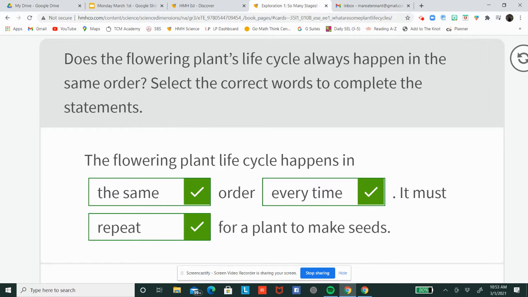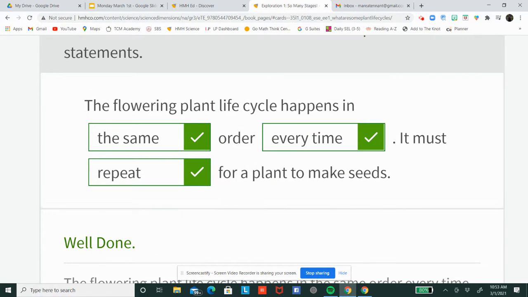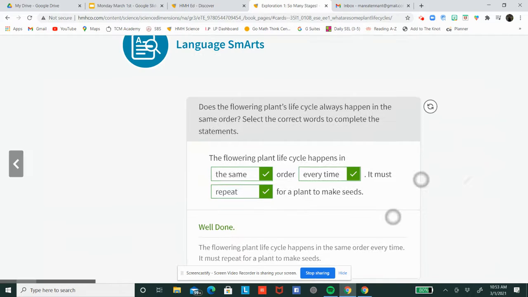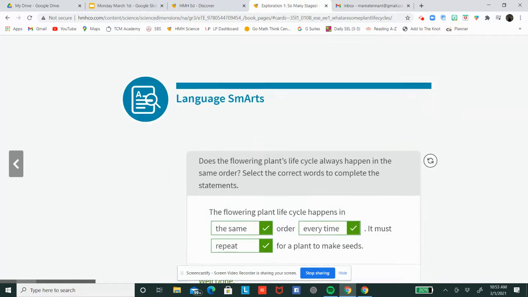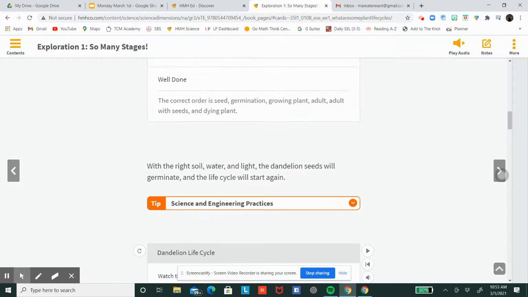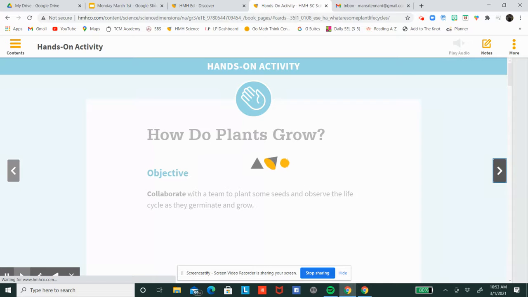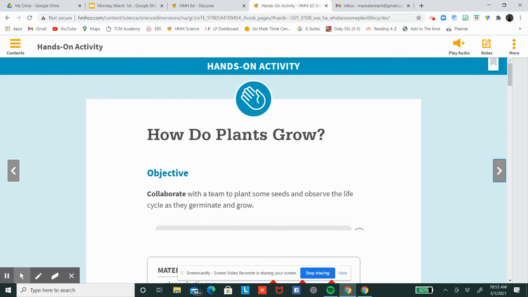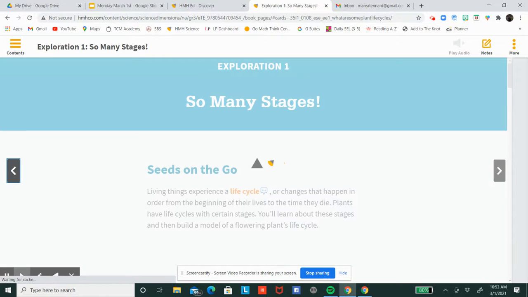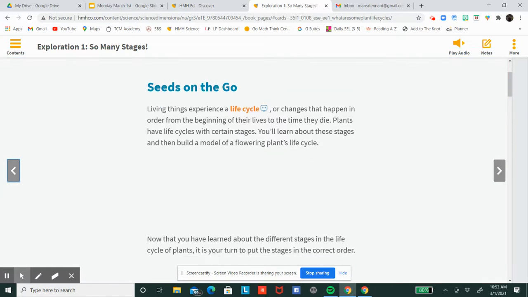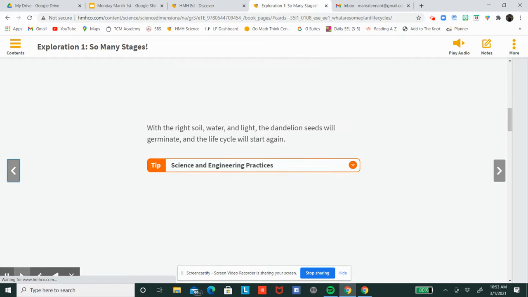All right, and page 188. All right. We kept going. All right, so page 188 says producing more plants.